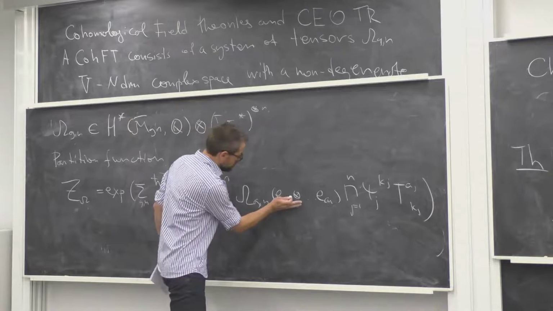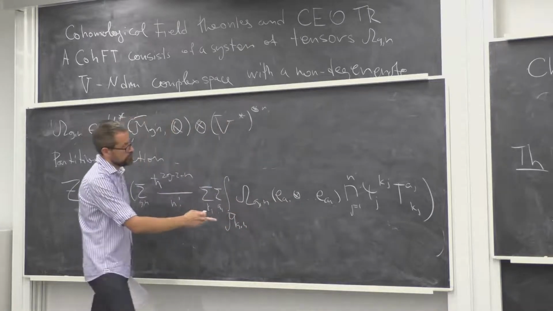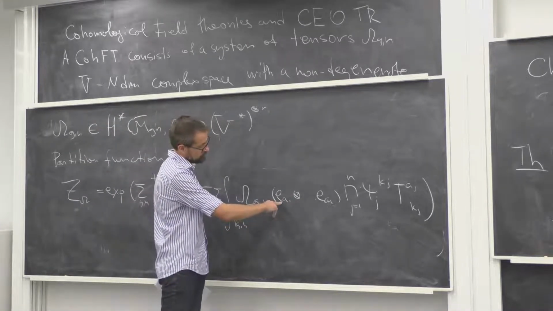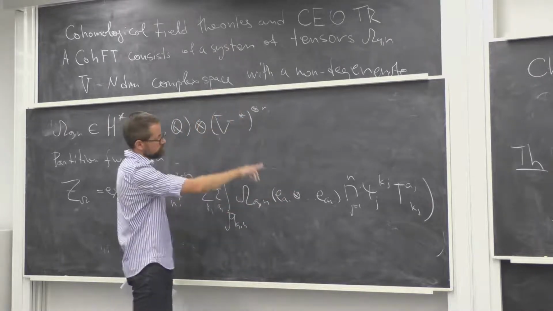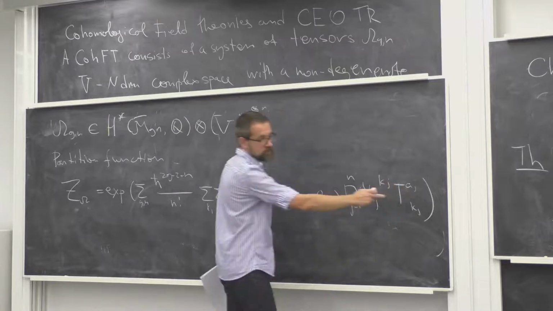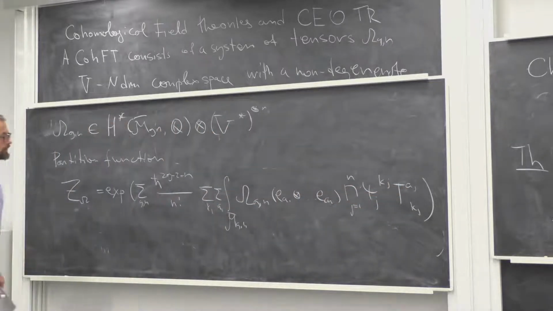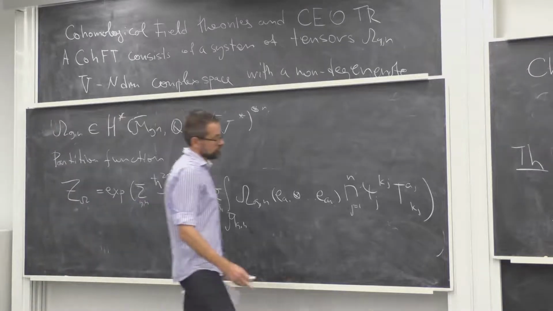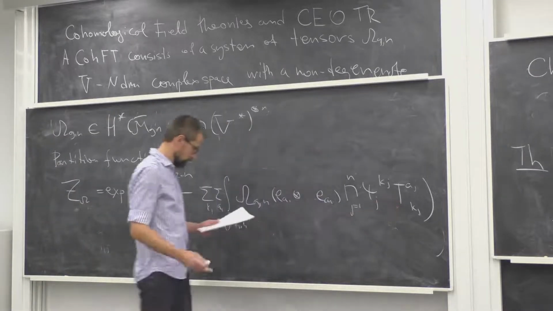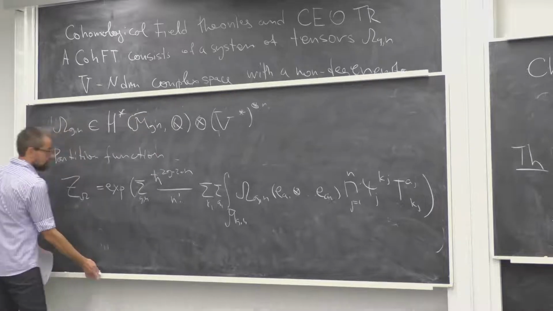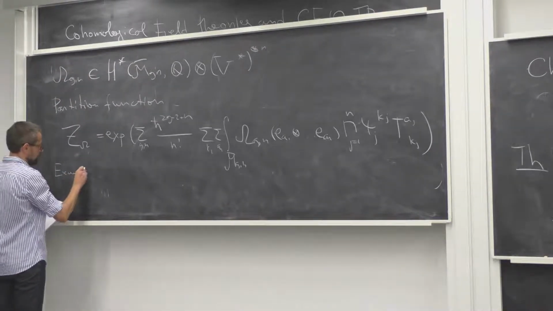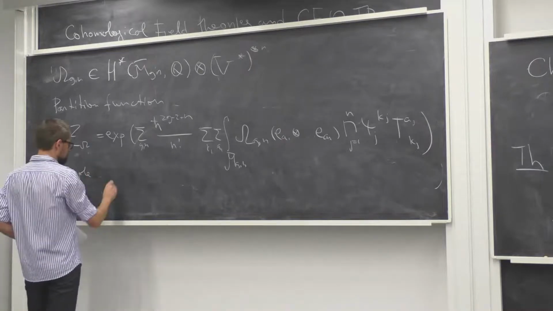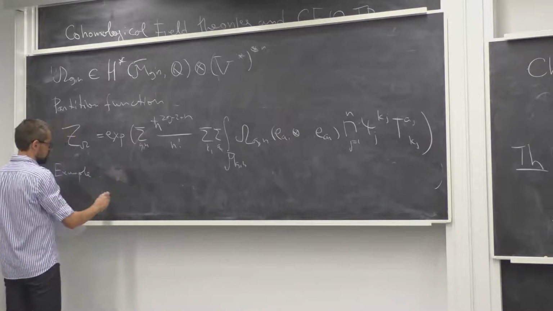So now we have some classes, and to each element of the basis of this space V, we introduce corresponding infinite sets of variables. Again, it's some formal series of the t variables. Just to give you an example, the example is the Kontsevich-Witten theory.